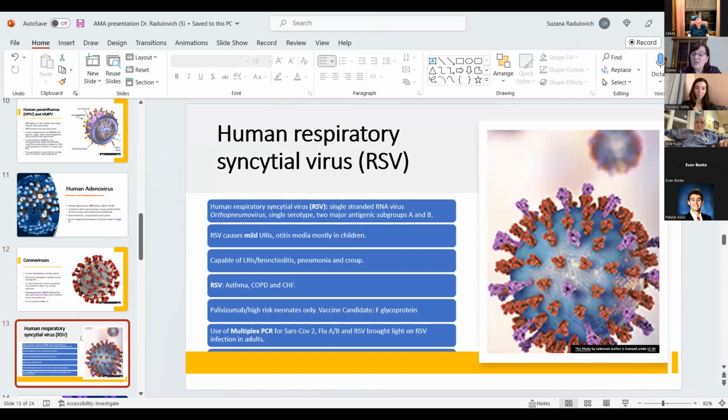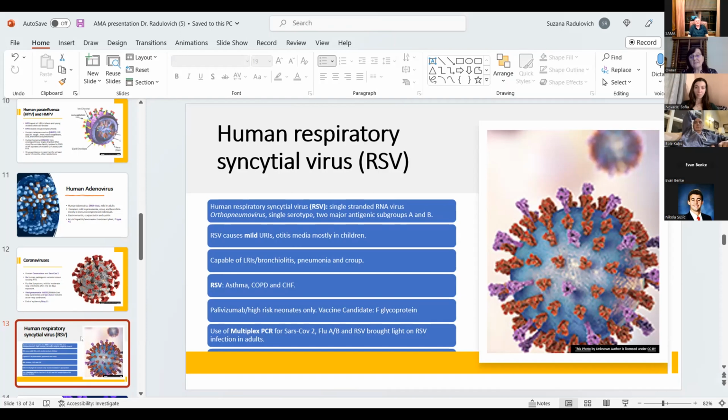However, when we started to test for coronavirus, we came across human respiratory syncytial virus, RSV. This virus was previously known only in children. However, when we adopted multiplex PCR technology, we were able to pick up a lot of adult cases of RSV infection in the past 2 years.